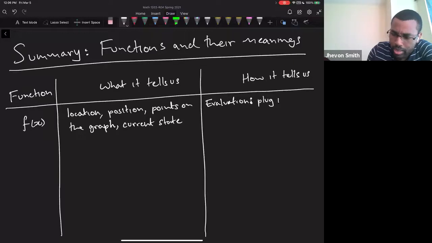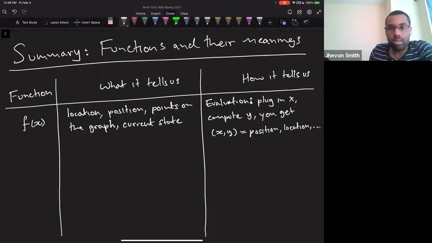Plug in x, compute y. Don't want to say solve for y, too strong a word. You get x comma y, which is your position, location, etc. Right? That's how we do it.